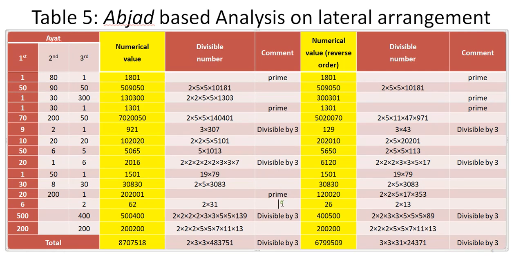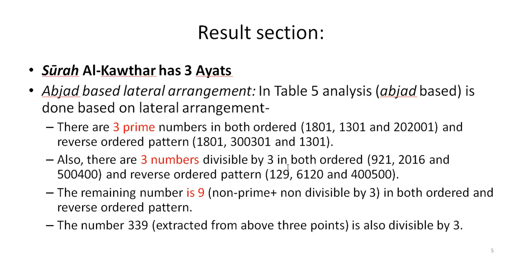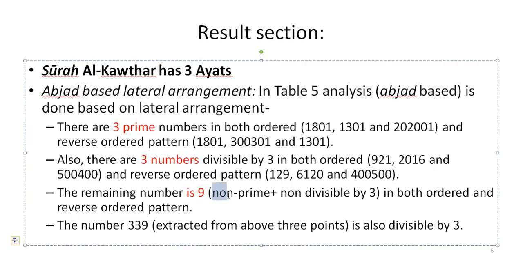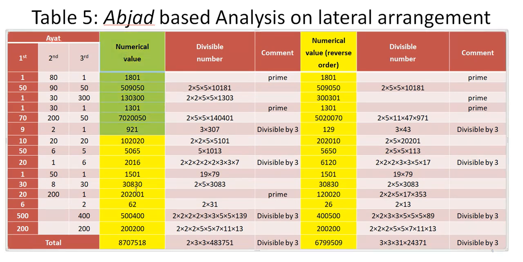These are 9 in number: 1, 2, 3, 4, 5, 6, 7, 8, 9. 9 numbers are here, comprising non-prime and non-divisible by 3. These are 9 numbers for both the ordered case and the reverse ordered case.